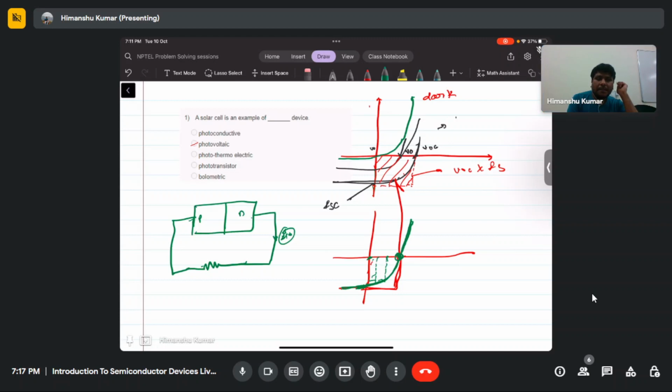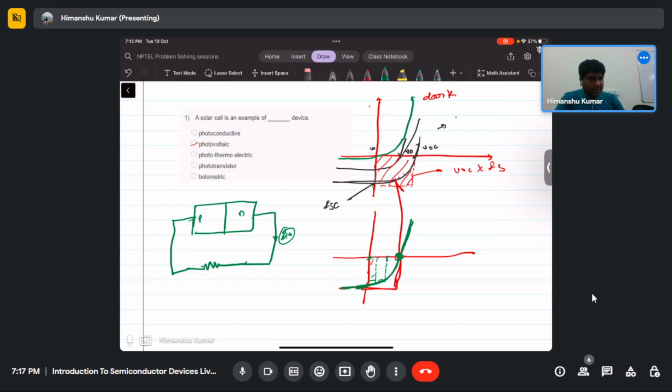Yes, sir. But also, when we increase the short circuit current, sir has said the band gap will get reduced. So can you explain how it's getting reduced in a PN junction if we increase the short circuit current? By what process, actually?